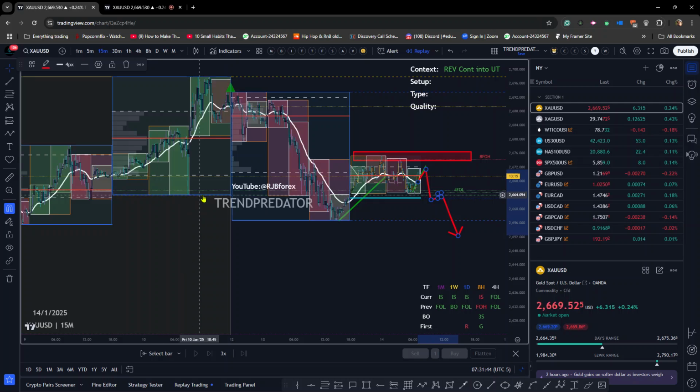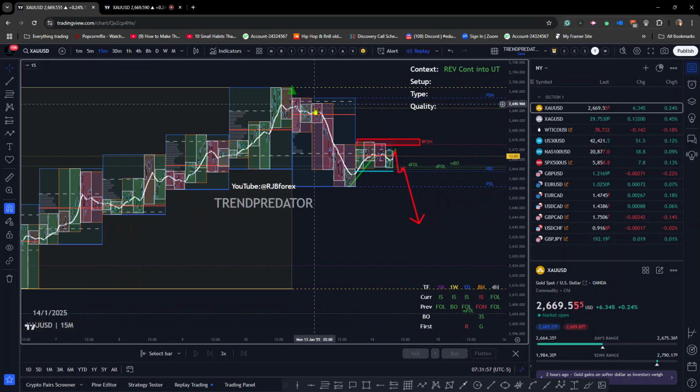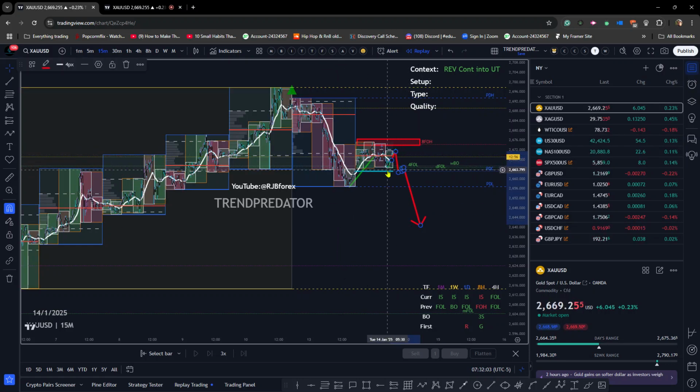So I was talking about this being yesterday's low. That's Friday's low, sorry. So in line with the break of Friday's low to break yesterday's low in anticipation of a continuation of that sell-off from yesterday. So that would be my ideal setup for today in gold.